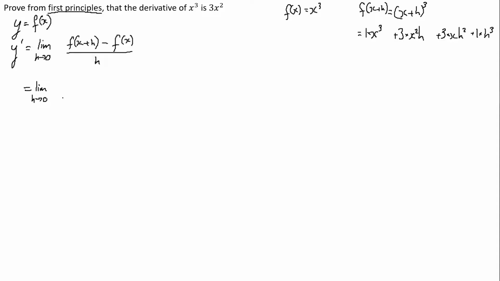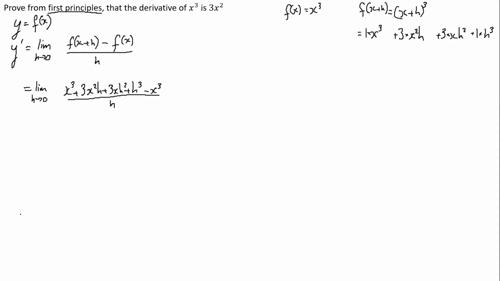So we've got x cubed plus 3x squared h plus 3x h squared plus h cubed, and then minus f of x, which is just minus x cubed, all divided by h.